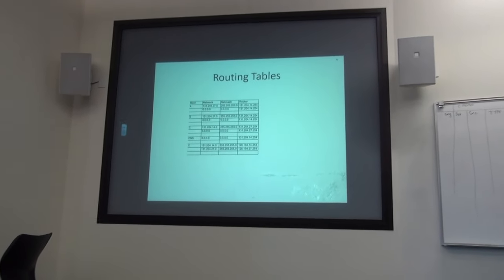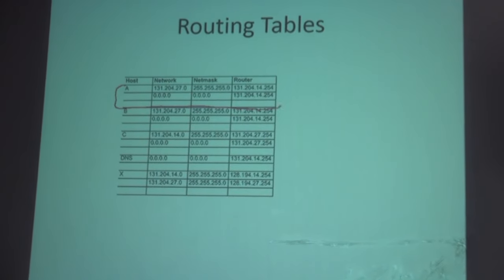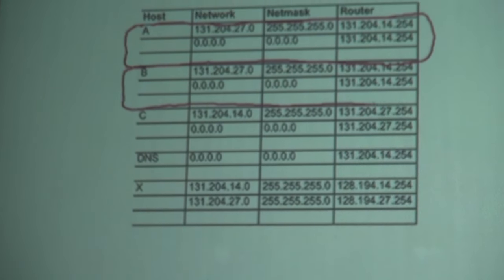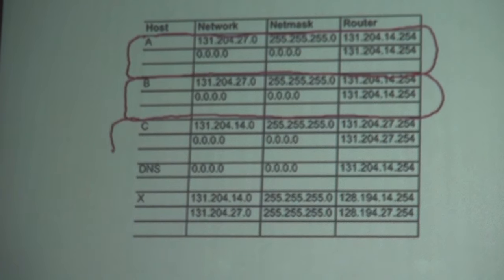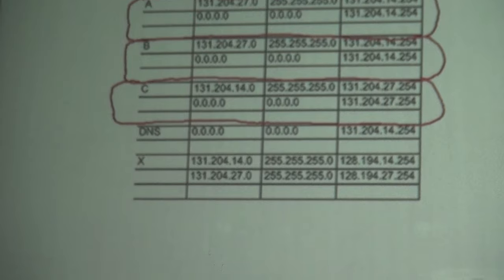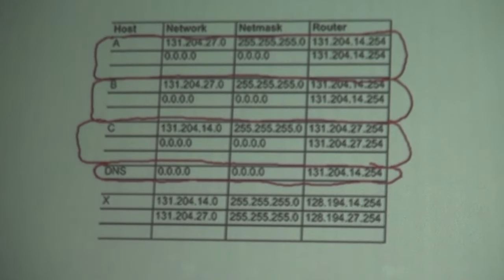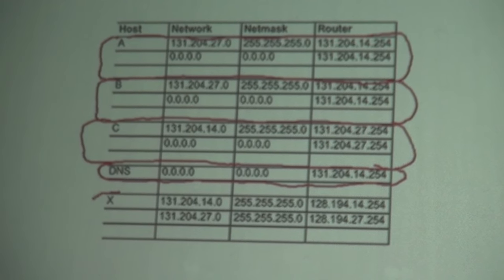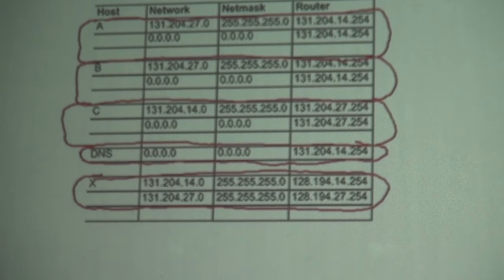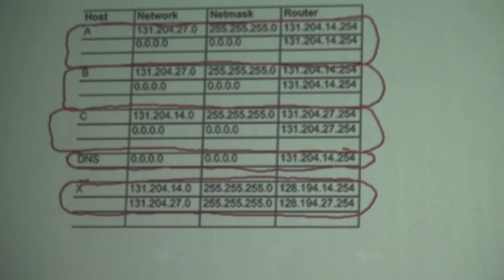Here we are giving the routing table for A, the routing table for B, the routing table for C, the routing table for the DNS, and we have one for the router X. We have a routing table for each one, and this will be on each machine.